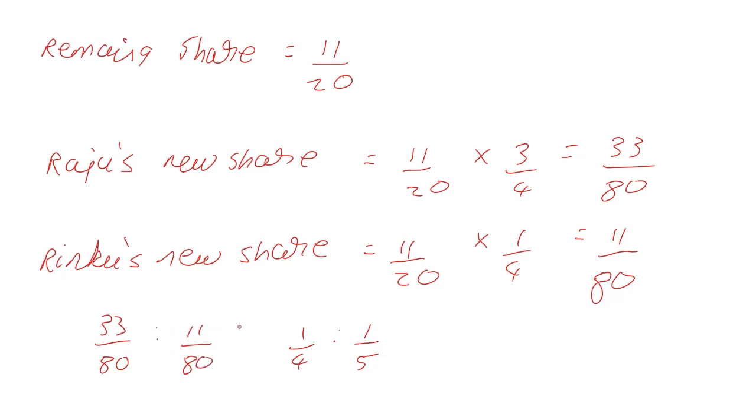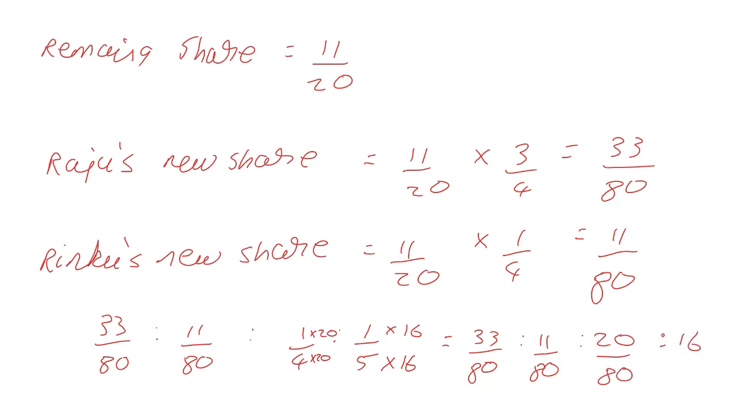But as far as these two people are concerned, if I want to make this 80, I need to multiply it by 20. So I multiply the numerator and denominator by 20. If I want to make this 5 into 80, multiply it by 16. So numerator and denominator by 16. So I'm going to end up with 33 by 80 is to 11 by 80 is to 20 by 80 is to 16 by 80.